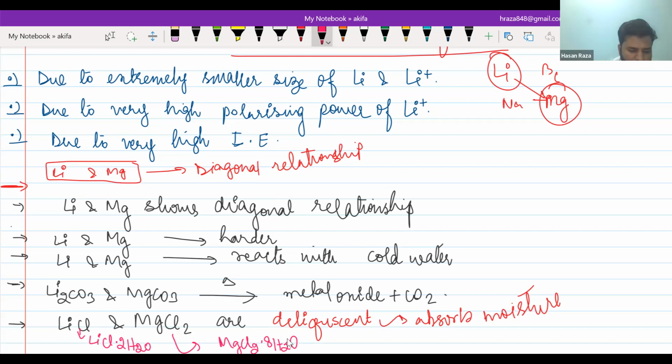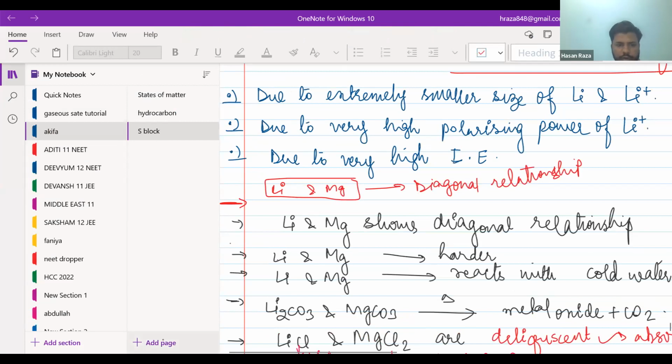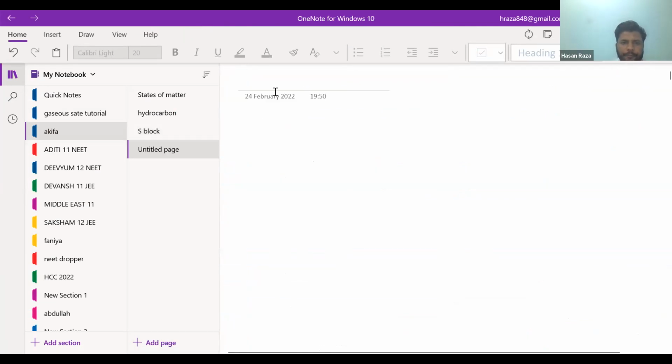Very good. P block is quite a small chapter.